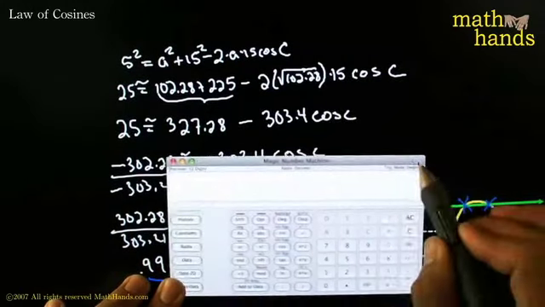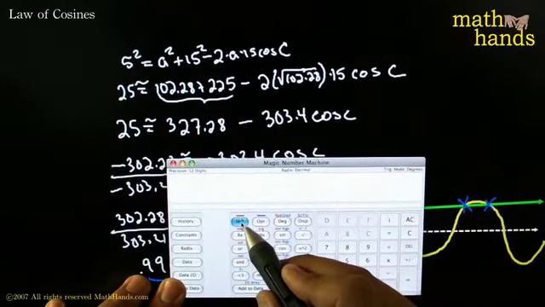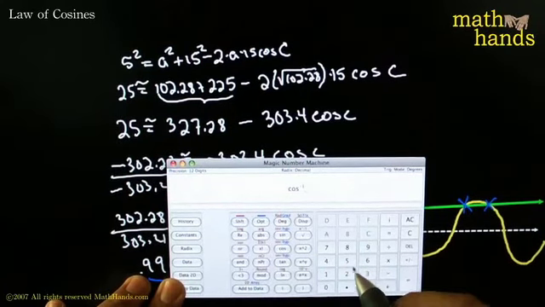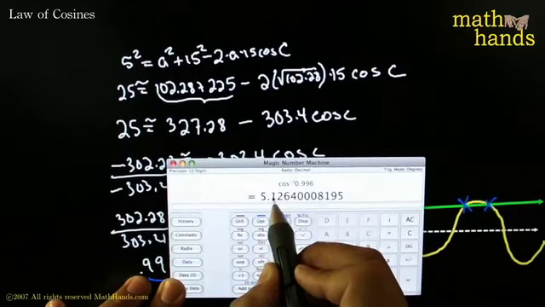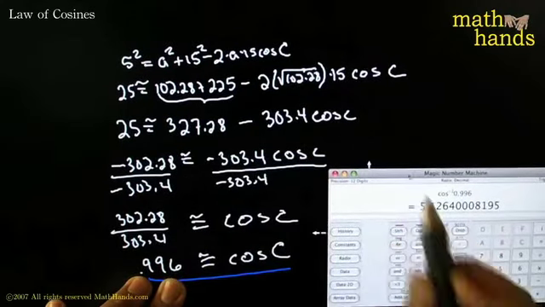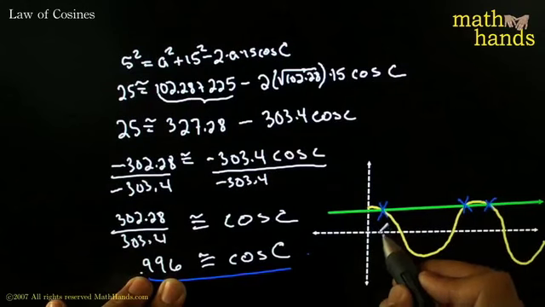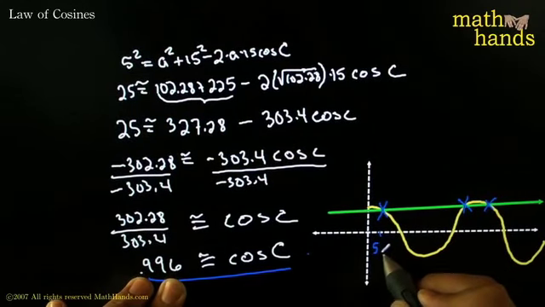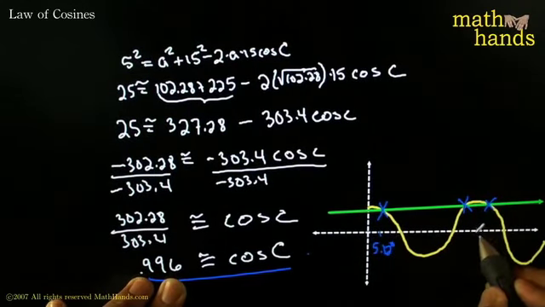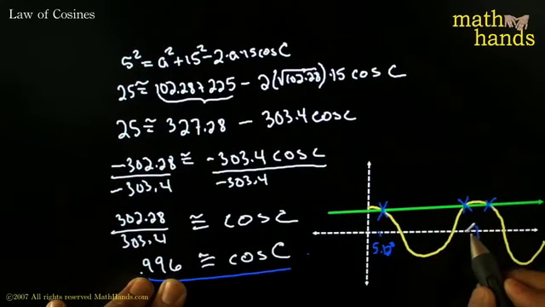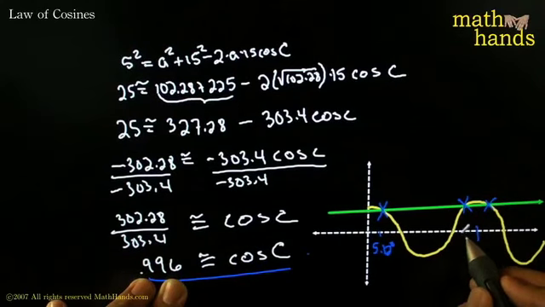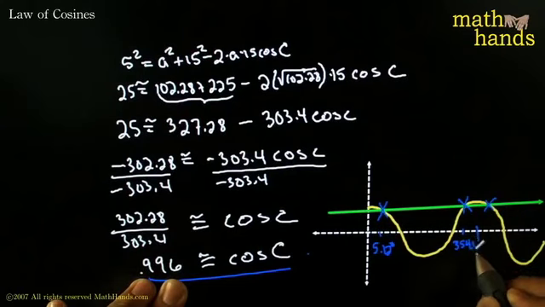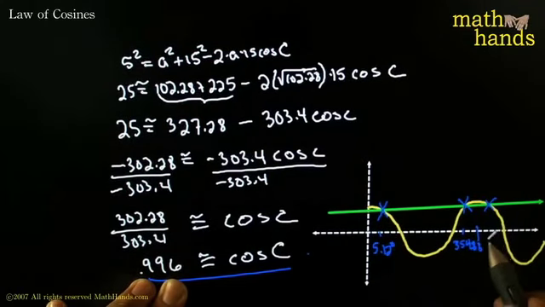Shift cosine of 0.996, and that should give us approximately 5.12 degrees. Using that in the symmetry, you should be able to find the other ones. The other one is 360 take away 5, so about 354.88, and so on and so forth, degrees.